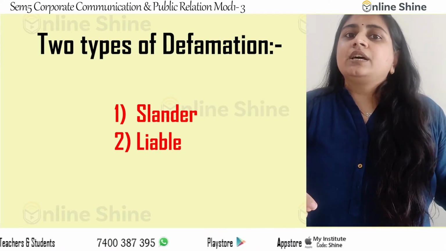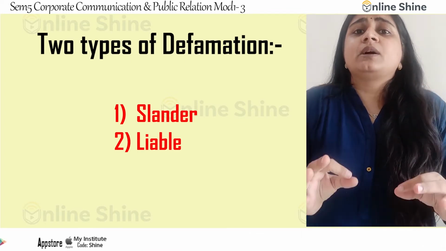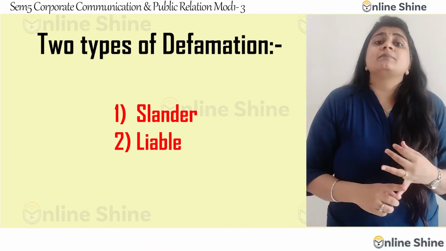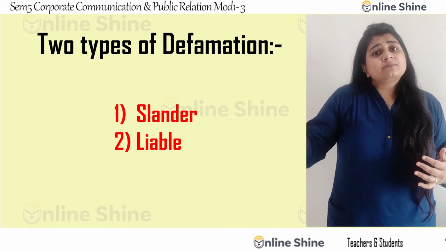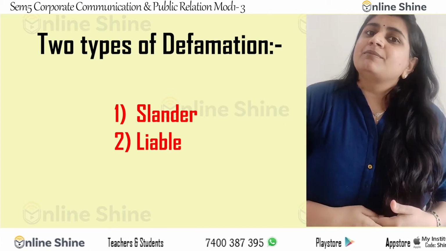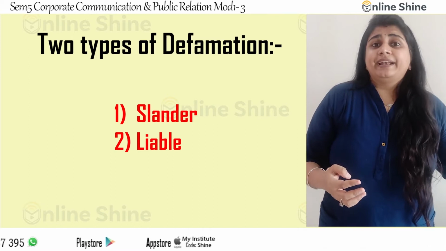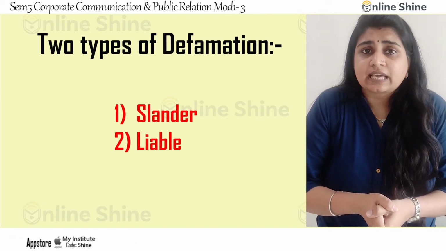And slander is spoken, easy to understand, S and S. So when you say something about somebody and you defame him, it becomes slander defamation. If you write something about someone and defame his or her personality, it becomes libel defamation. And the plaintiff can definitely file a case against you.